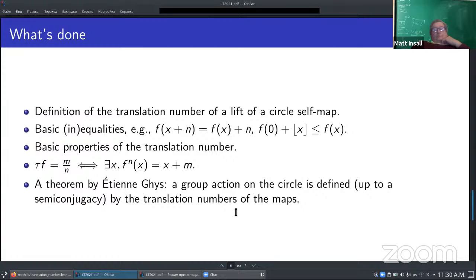Okay. Are there significant new ingredients compared to the case of one homeomorphism, in the case where the group is the integers? Or is it only adapting the proof for one homeomorphism? The proof is more or less the same. So in particular, I deduce the case of one homeomorphism from this theorem, just to avoid repeating myself.